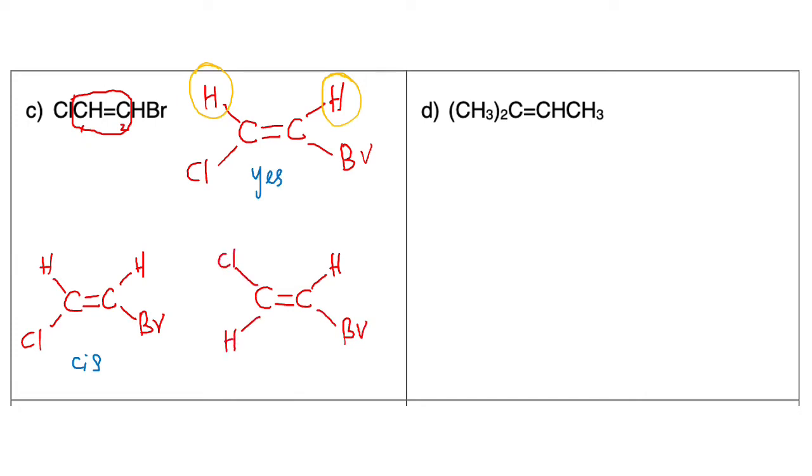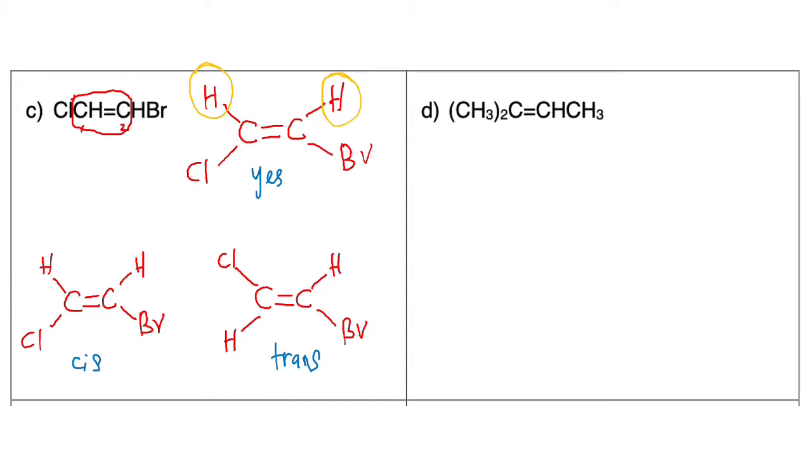Okay, so this is the trans. Okay, so mesti awak kalau keluar dalam soalan, especially dalam assignment kan, kalau diminta awak lukis cis-trans, then label cis-trans. Okay, kalau ada nama dia, letak nama sekali.